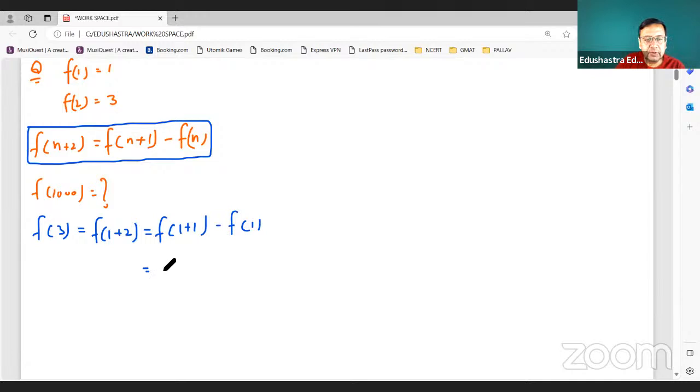So this is f2 minus f1. So F3 is coming out to be 2. This way we are calculating the different values for this function.